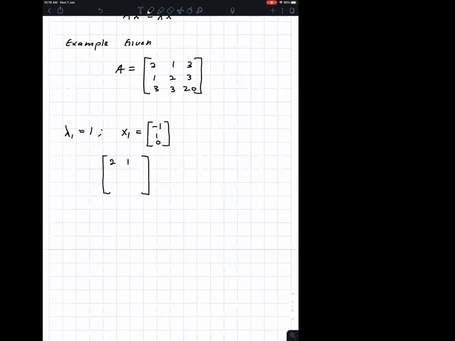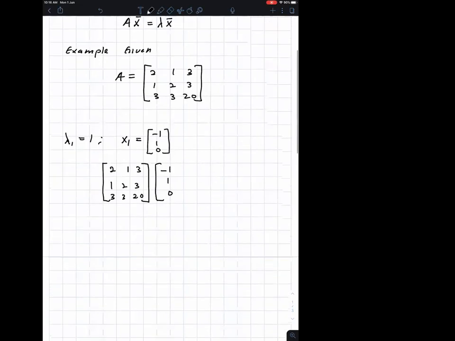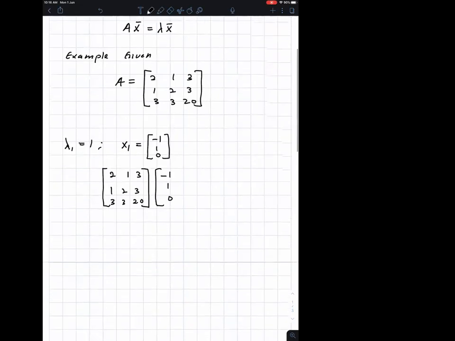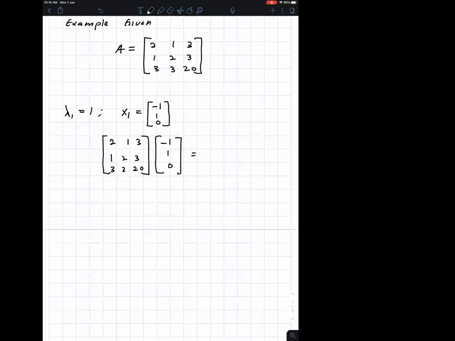So 2, 1, 3 is a matrix A, multiplied by the eigenvector, is equal to the eigenvalue times the eigenvector. In this case, the eigenvalue is 1.